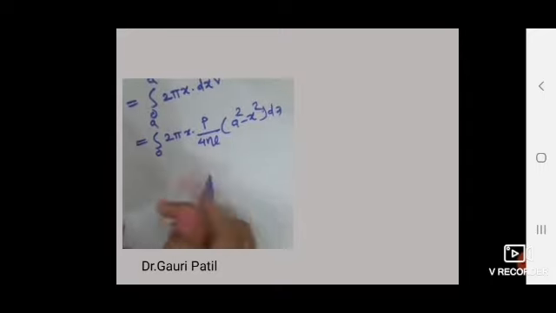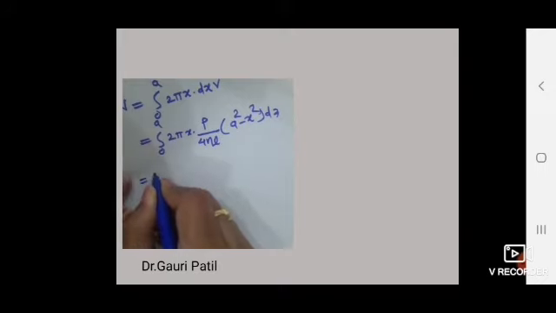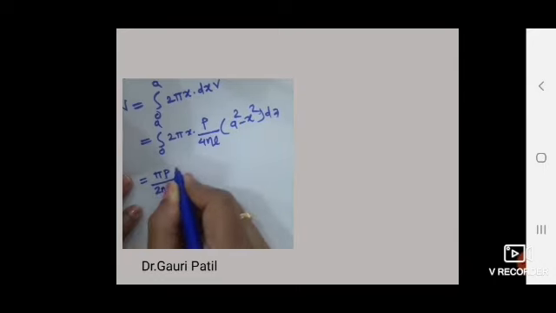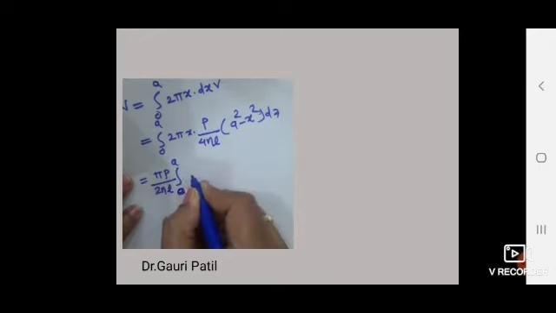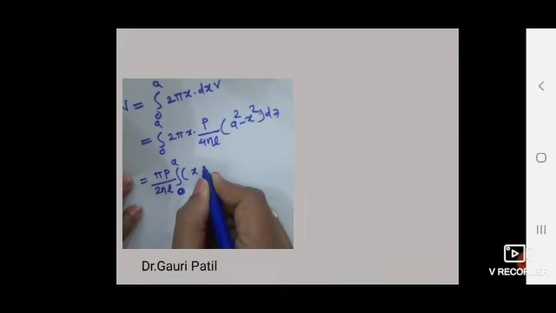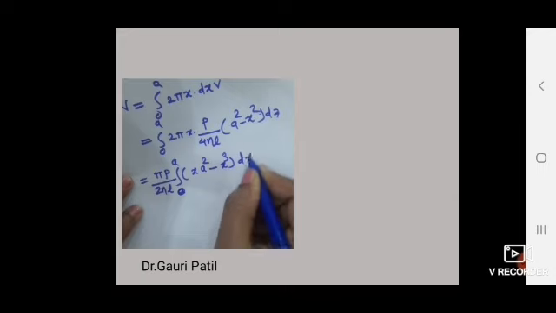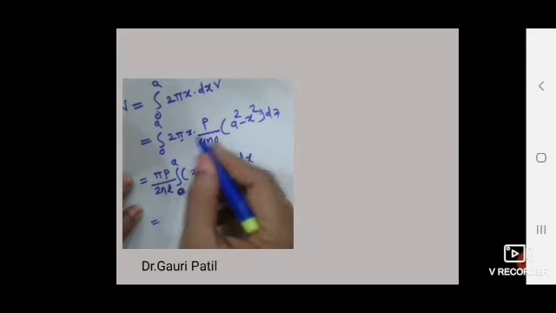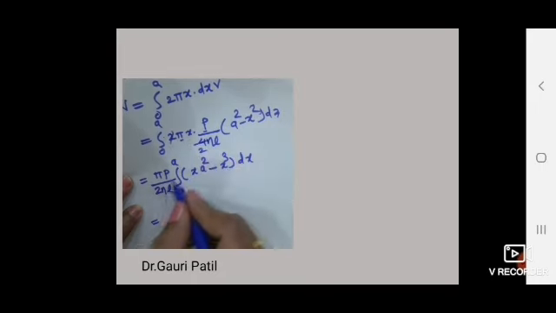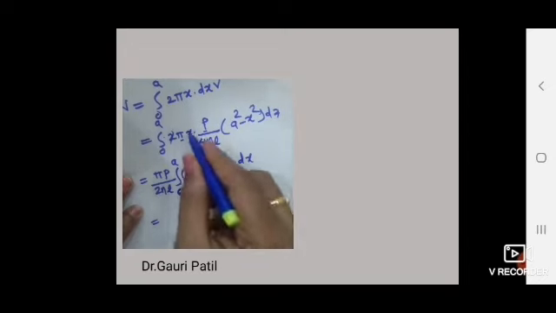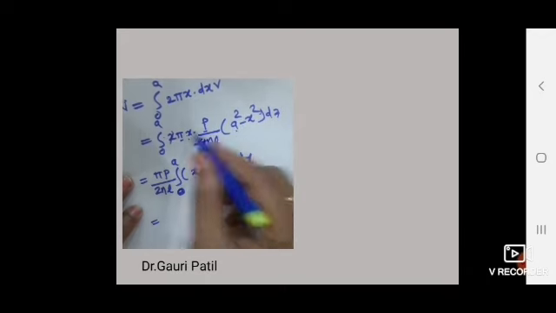We put the constant p pi upon 2 eta l outside, and inside the limits 0 to a we get (x a square minus x cube) dx.